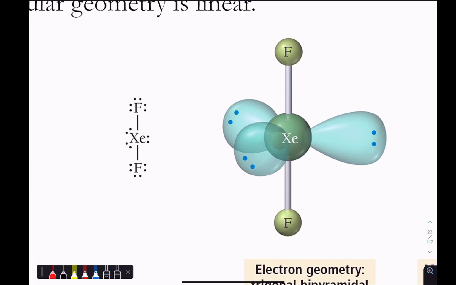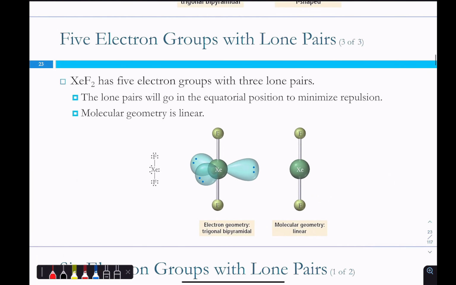But the central atom has lone pairs. But they're equal. They're canceling each other out. They're all directly opposite of each other. So this would be nonpolar. Possibly. Yeah, most of the time you can figure this out if there are lone pairs.